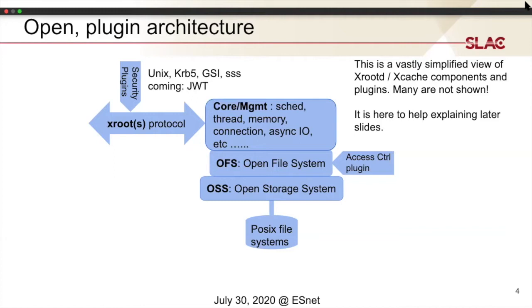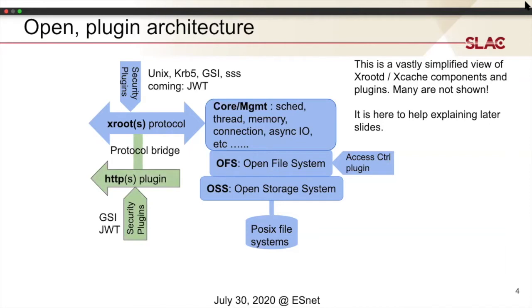To expand the protocol support, we first added a protocol bridge, which allows other protocols to map to the Xroot protocol and then use these other protocols to talk to the client. With that bridge, we have an HTTP plugin, along with its own security plugins like GSI or JSON Web Token.